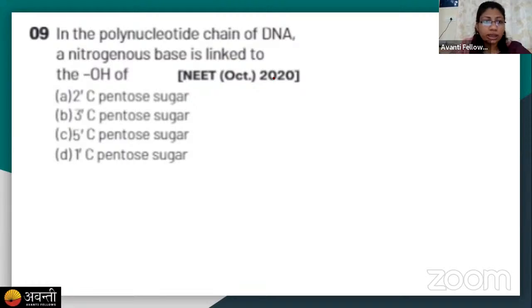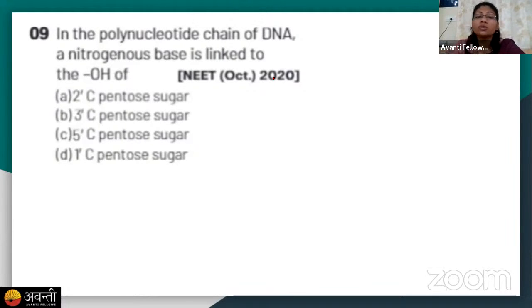Our next question says, in the polynucleotide chain of DNA, a nitrogenous base is linked to the hydroxyl group of. We know that DNA is a polynucleotide chain made up by the joining of several nucleotide molecules. When the nucleotide is formed, the nitrogenous base always gets linked to a sugar, right?